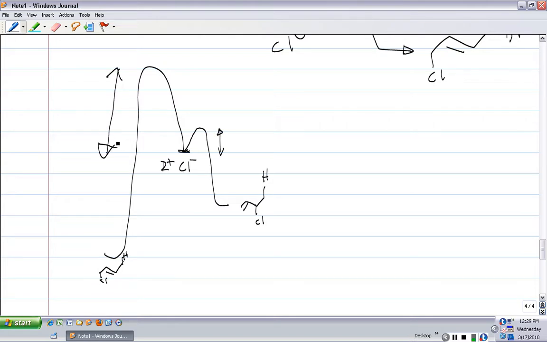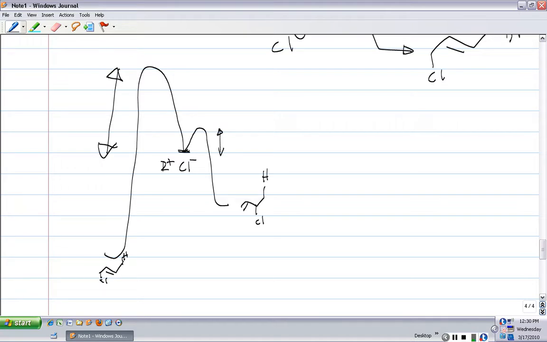Now, there will be a few molecules in the system that will acquire enough energy by collisional activation to jump this energy barrier leading to the 1,4 product. So I will get a small amount of the 1,4, but I'm going to get a large amount of the 1,2 because most of the molecules in the system are energetic enough to jump this small barrier.